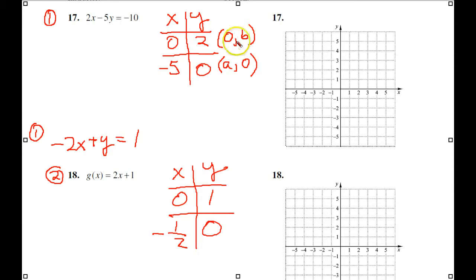So when you go to graph this now, 0, 2, it's right there. And -5, 0 is right there. And this one's going to be 0, 1. And a -1/2 is right there, halfway between 0 and -1.